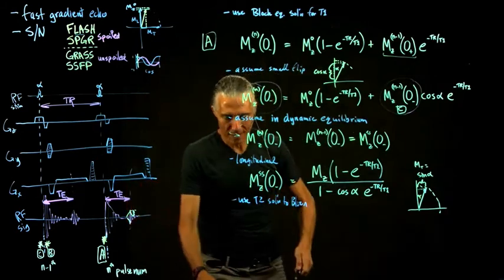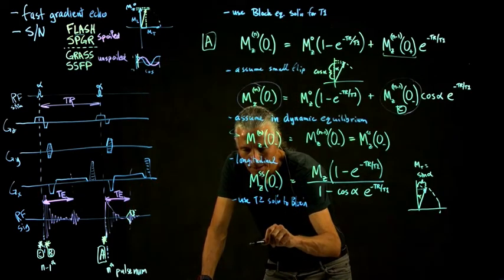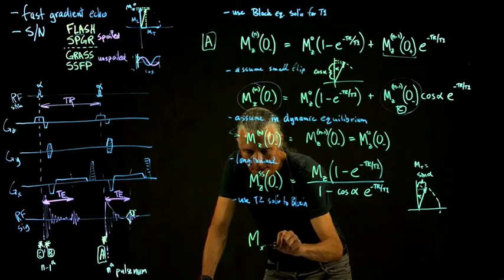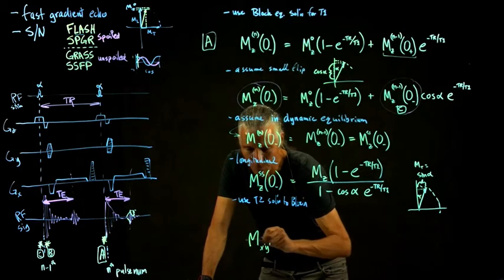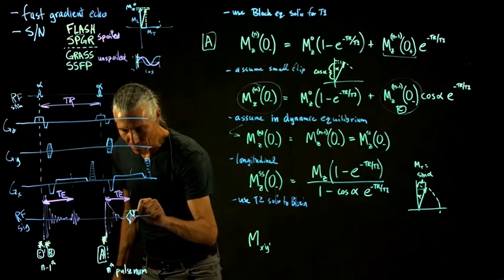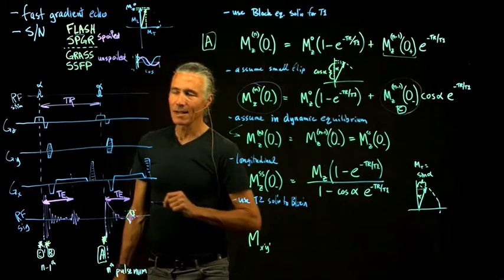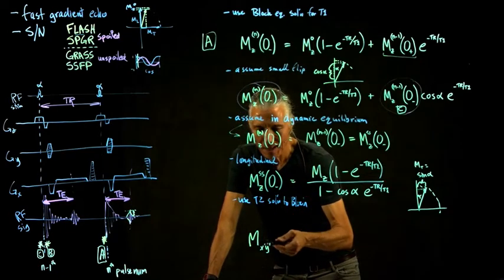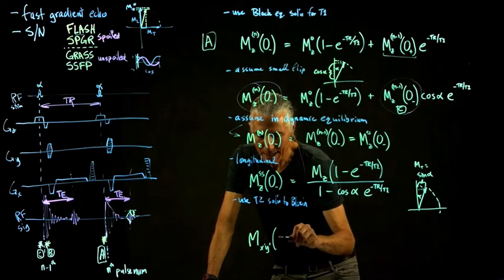So what does that boil down to? That will boil down to the amount of XY magnetization, which is really the thing we want to know: what is the XY magnetization at that echo point? The amount of XY magnetization at time TE.